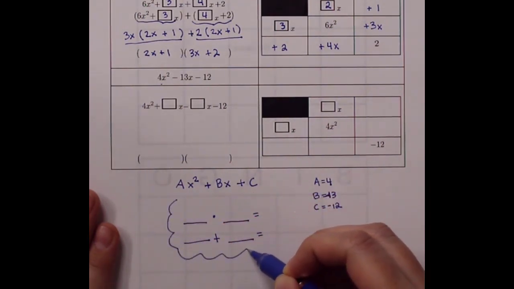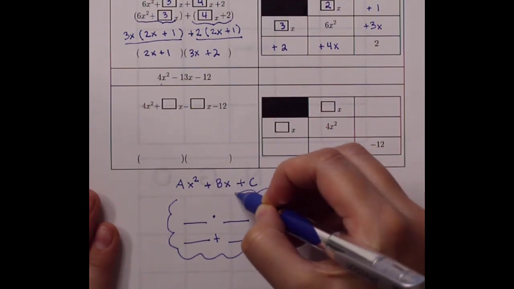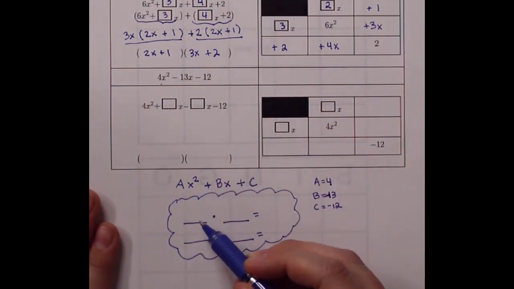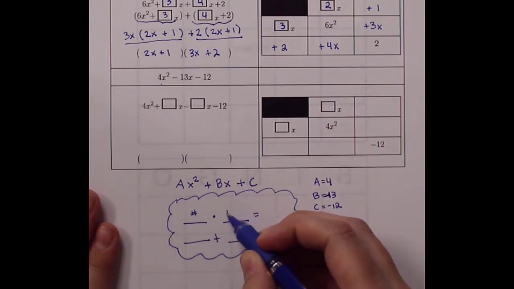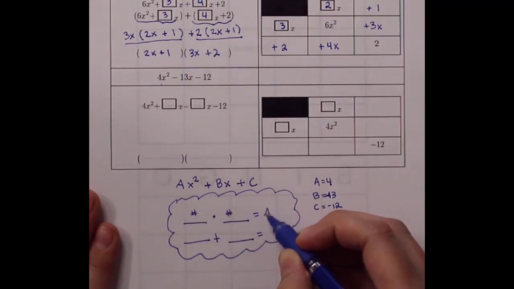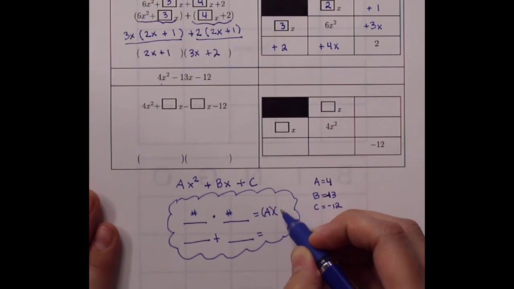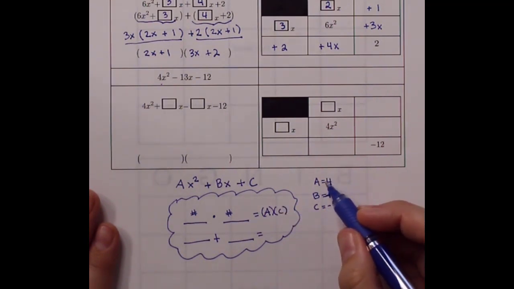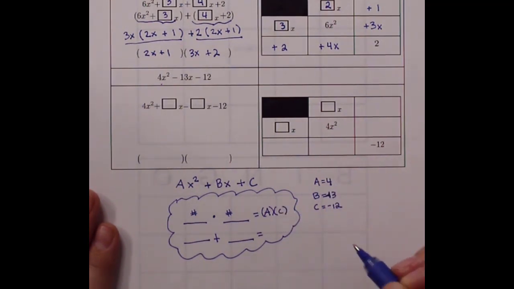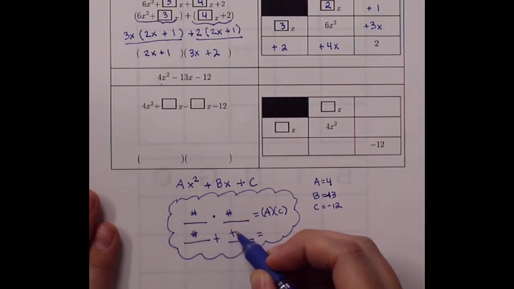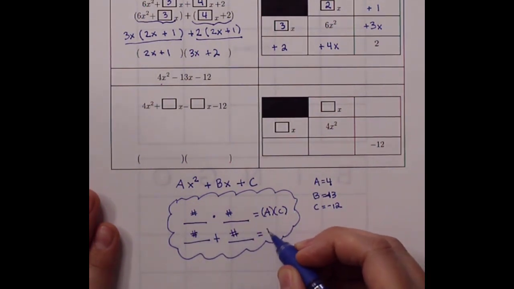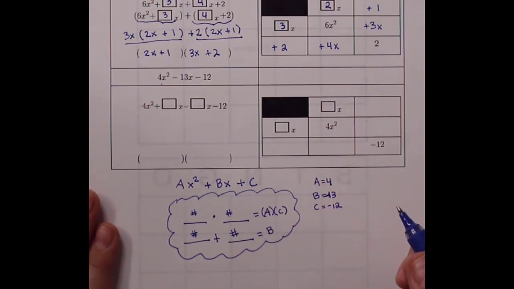I'll put it in a cloud. Here's how it goes. You need to find 2 numbers that when you multiply them, you get a times c, whatever number a is times whatever number c is. And then those same 2 numbers must also add up to give you the number b.